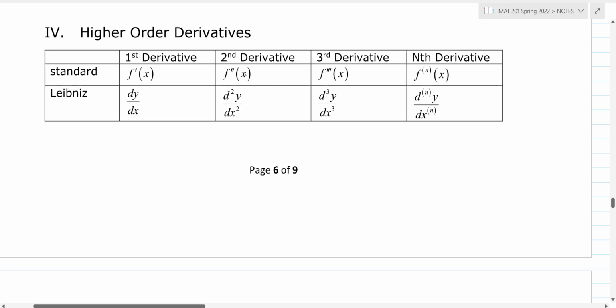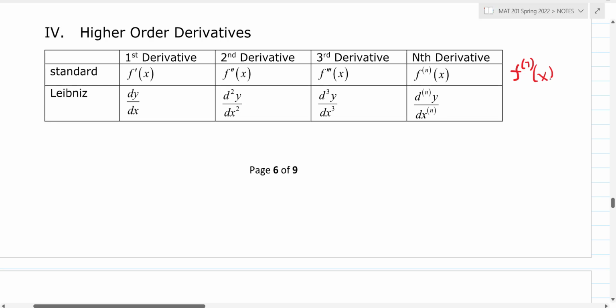F double prime of x, Leibniz d2y over dx2. The 2 just represents the second derivative. Similarly, for a third derivative, we use 3 primes, d3y over dx3. Past a third derivative, we just write it like this: if you had a seventh derivative, you would say f7 of x.